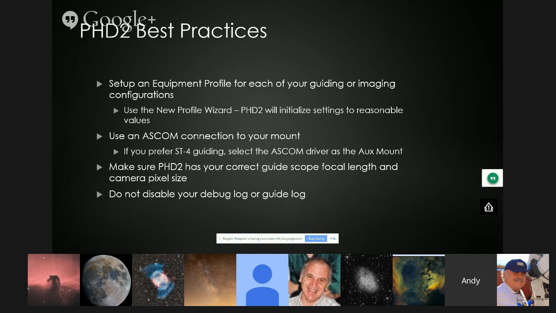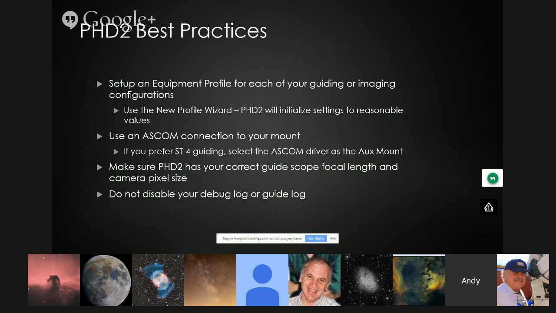So once PHD2 knows that, it can automatically compensate your guiding for your declination, and also for before and after you do a pier flip. It can just seamlessly recognize that, and you don't have to recalibrate or anything like that.